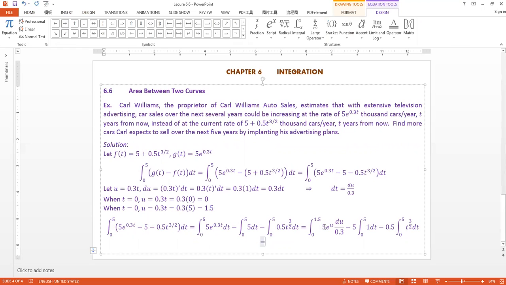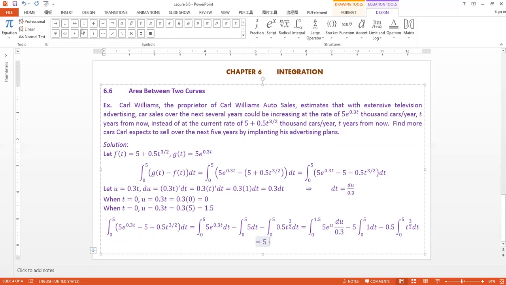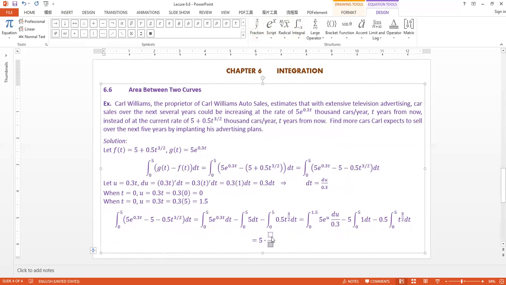Once again, we have 5 over 0.3. So I just take out 5, but at the same time we have 1 over 0.3, right? So that's times 1 over 0.3, not 3. I'm sorry.